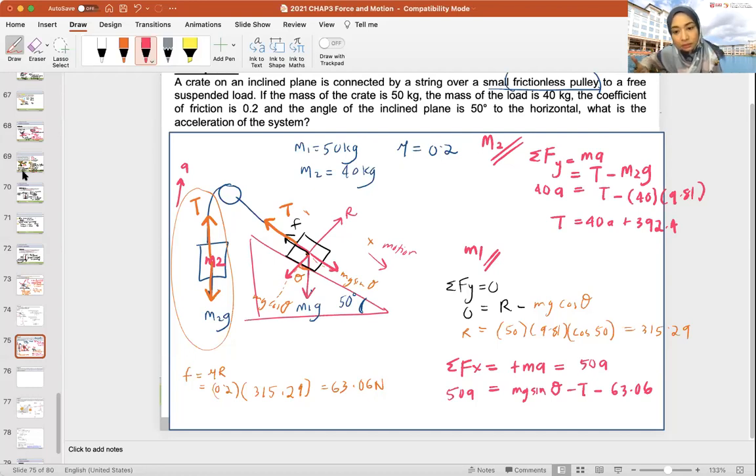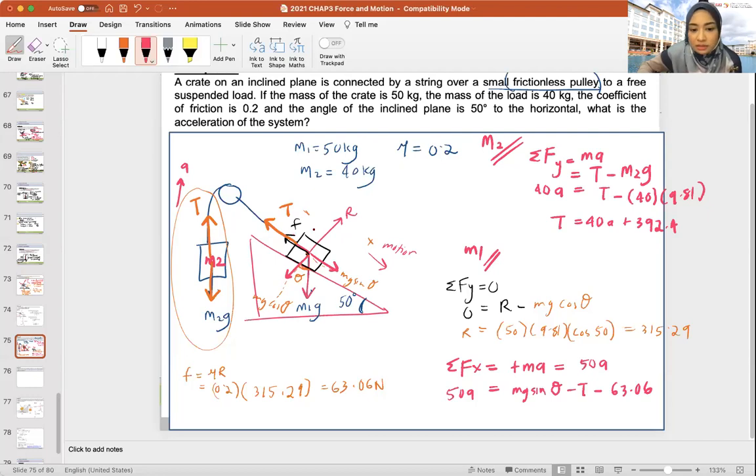So the weight is bigger. Friction is only 63. It's trying to impede the motion. Makes sense. So we need tension to cover. Okay, I think the motion is to the right, hopefully.